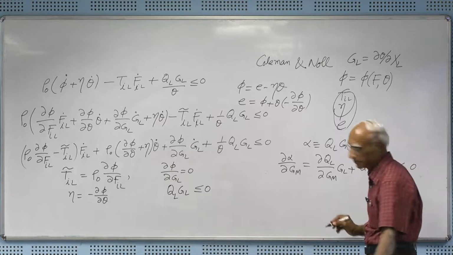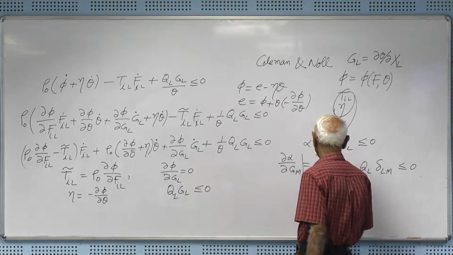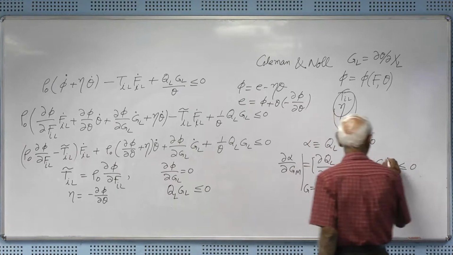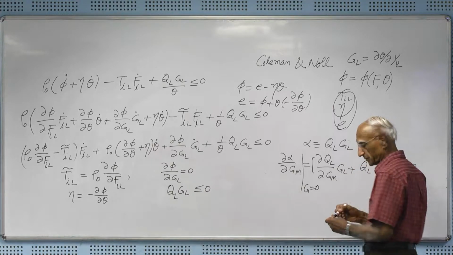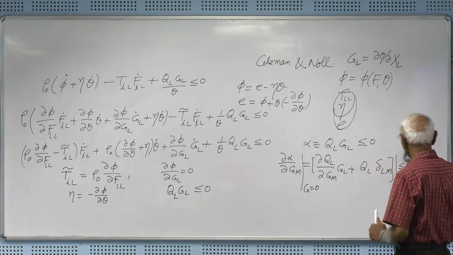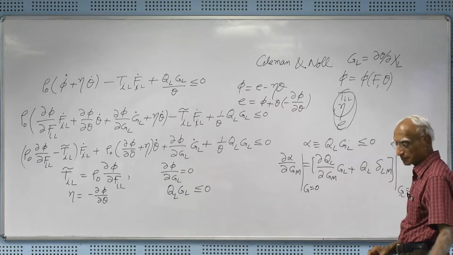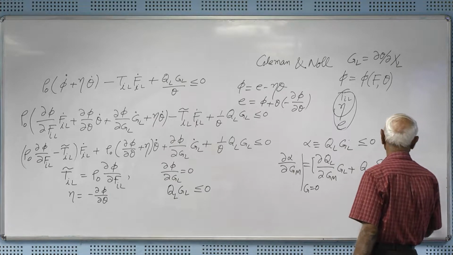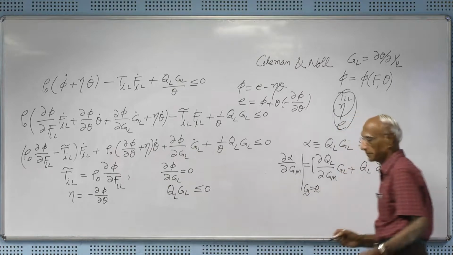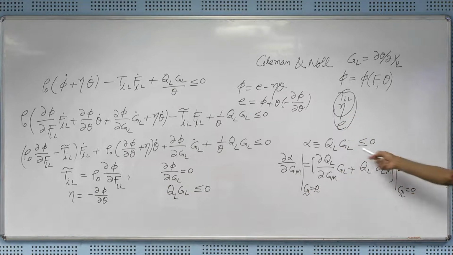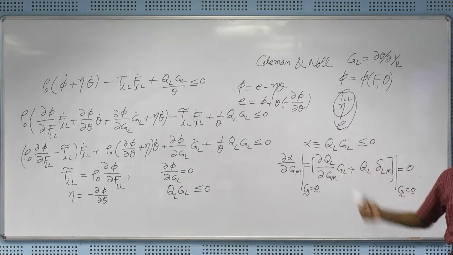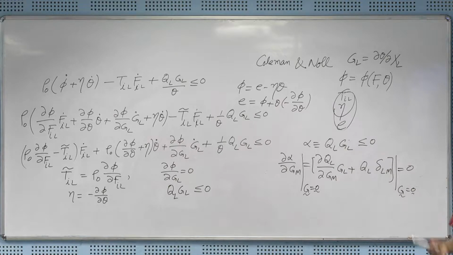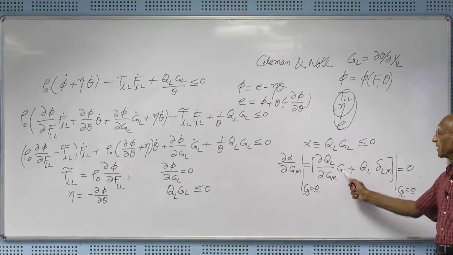Not this thing evaluated at G equal to 0, which means this thing evaluated at G equal to 0 should be 0. That follows from this, because alpha has a maximum value when G is 0. So that means its first derivative should be 0 when G is 0. And if you set G equal to 0, this term will go away.